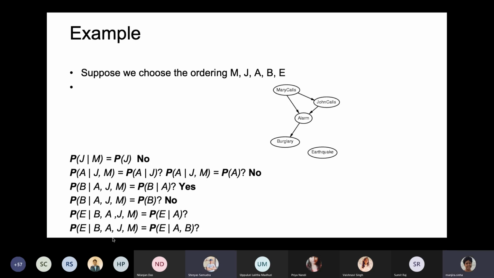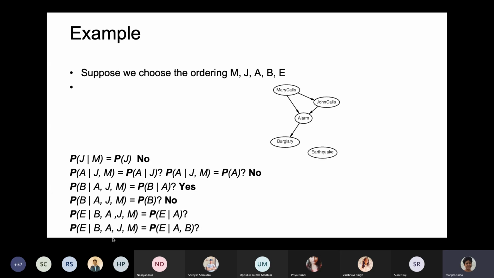But if we wouldn't have assumed the Markov property, we would have had to expand this whole thing, right? Yes, all. So that was the need for assuming the Markov property, that it is only dependent on its parents. Now, when we go to the parent, we will check the parent of the parent.